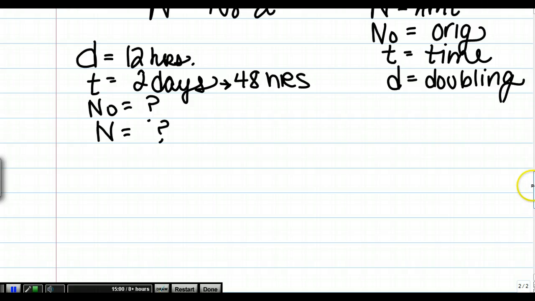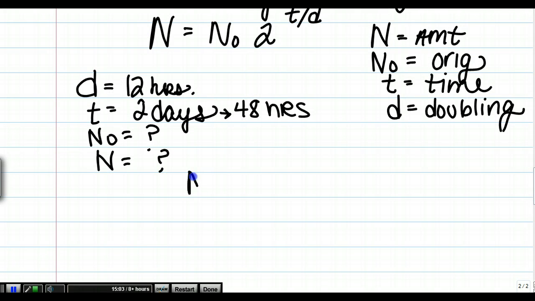So looking at our formula, we don't know the final answer or the amount, and we don't know how much bacteria we're starting with. We know that we're doubling it. We know that our time that we're allowing it to double is 48 hours, and our doubling time is 12 hours.